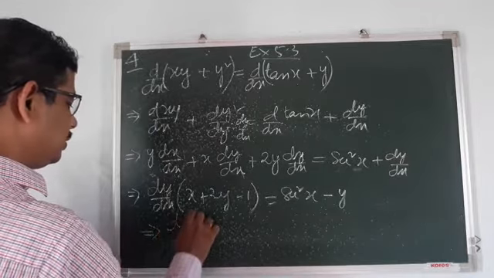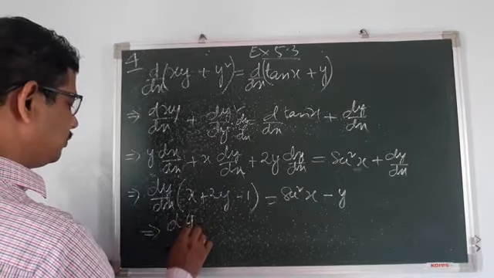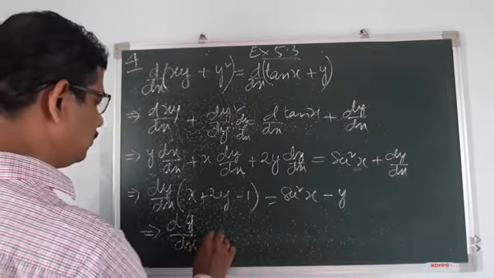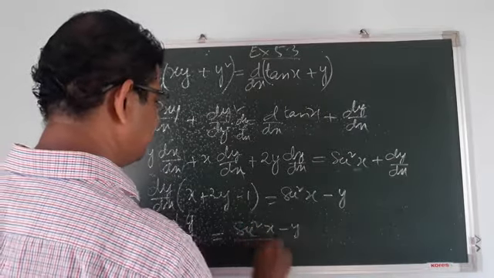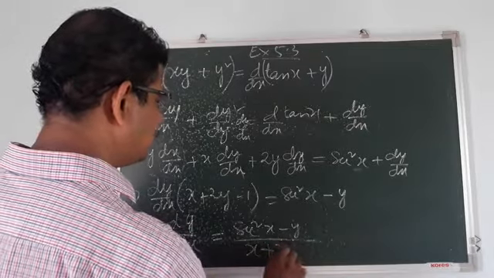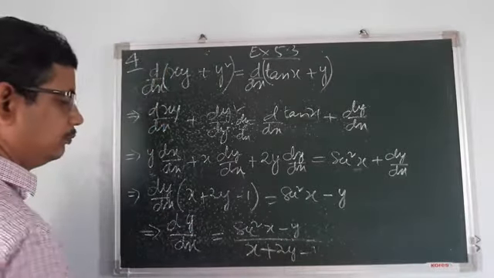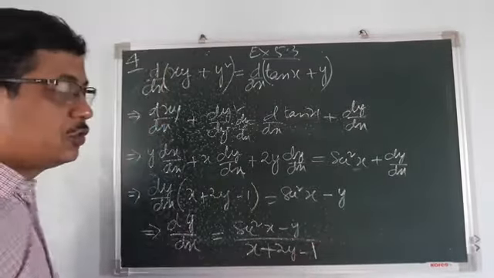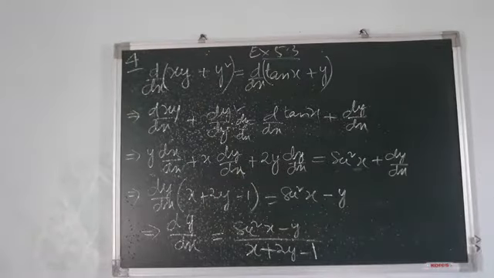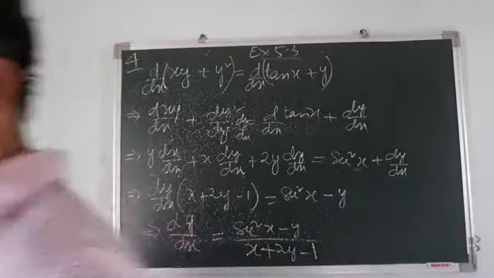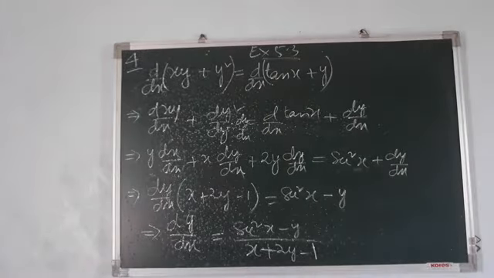This implies dy/dx is equal to sec square x minus y, divided by x plus twice y minus 1. So we have done the procedure. Already we have done this type of sum, and this is our question number 4.